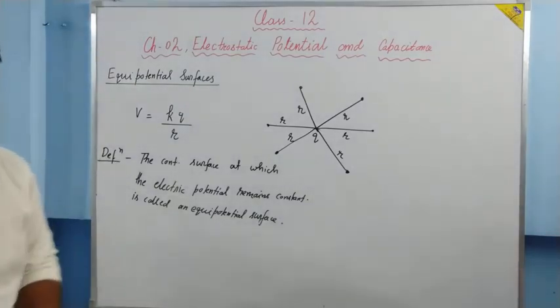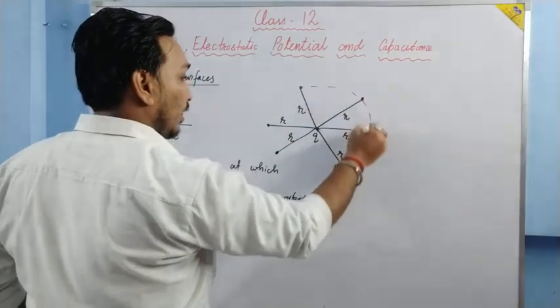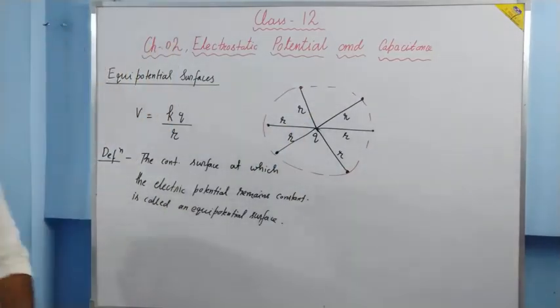So for a point charge Q, how will that surface be drawn? It will be drawn like this, a sphere.